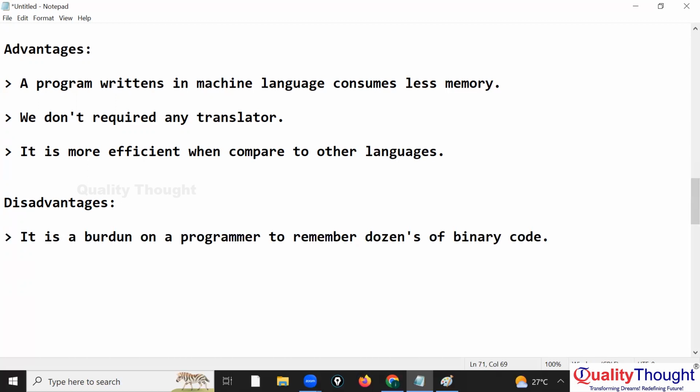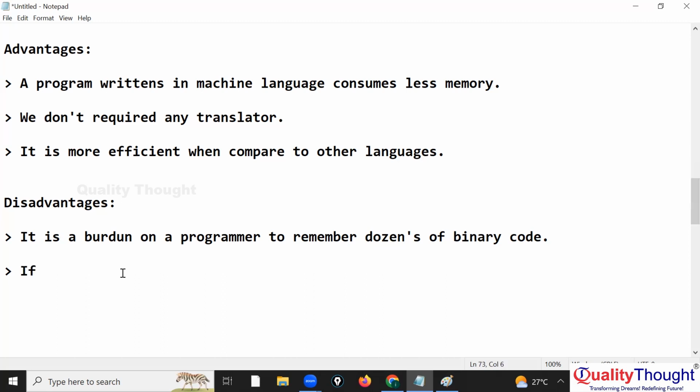So how many binary numbers can you remember? Tell me, what is a binary number of 25? It is very difficult, na? So that only is telling. So the first disadvantage is it is a burden on a programmer to remember binary code. How many binary code we can remember? It's very difficult.